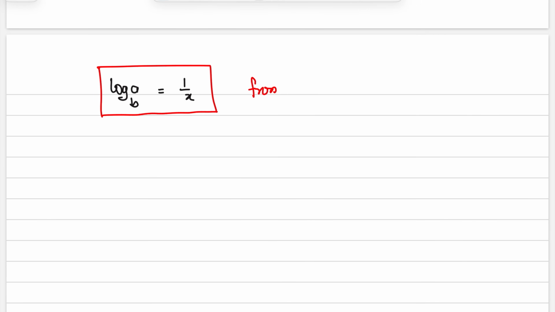Then log a to the base b is equal to 1 by x. This is one of the most important concepts: if log b to the base a is equal to x, then log a to the base b is equal to 1 by x. This is the first important concept which we have developed.